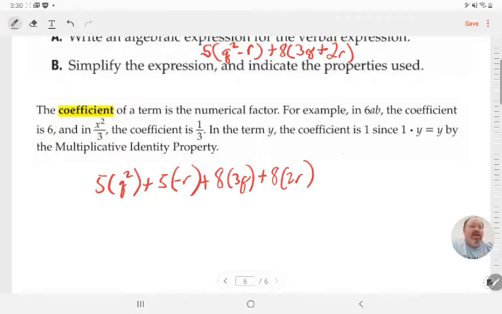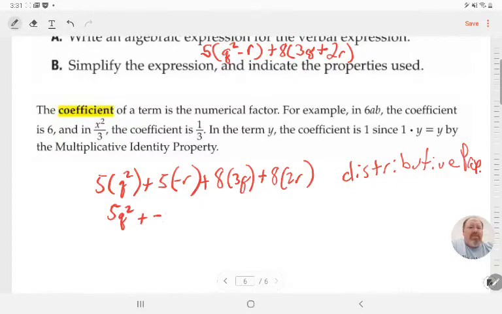Okay? And that is the distributive property.